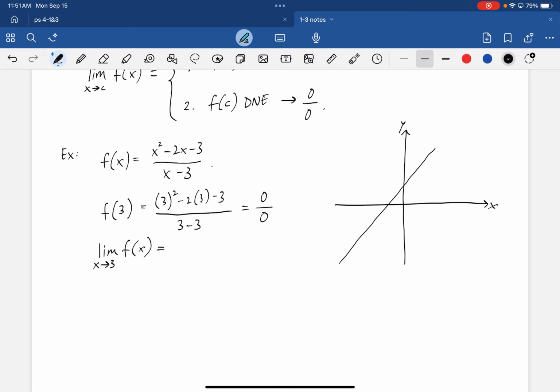We saw several of these in our homework, right? There's going to be a hole at x equals 3. Why x equals 3? Because the function is not defined there. But actually, this is going to be the line x plus 1, just with a hole. This line is f of x. Okay?